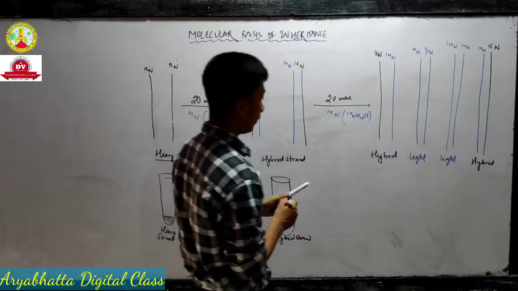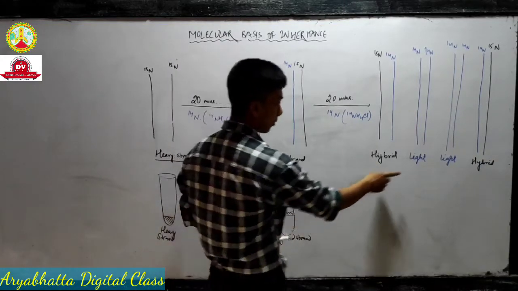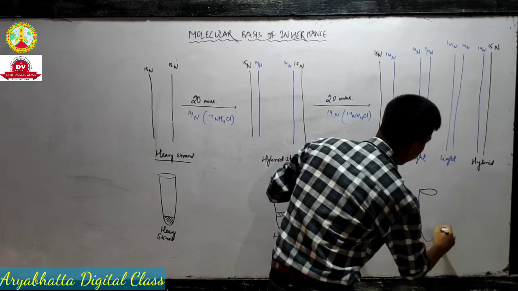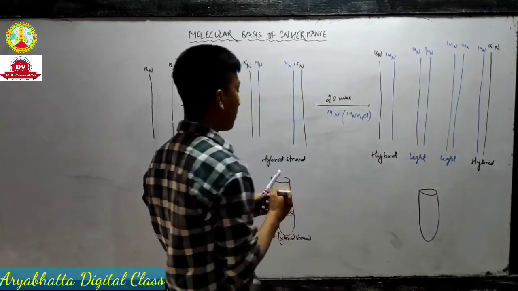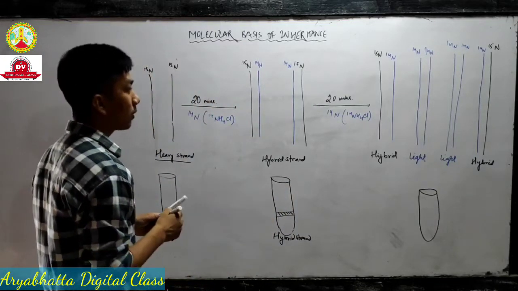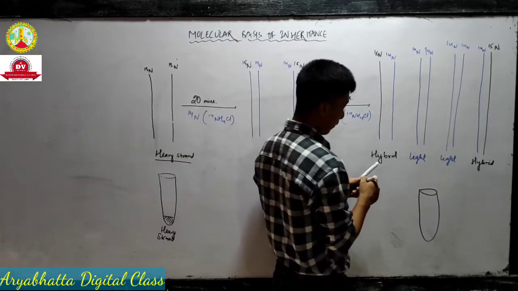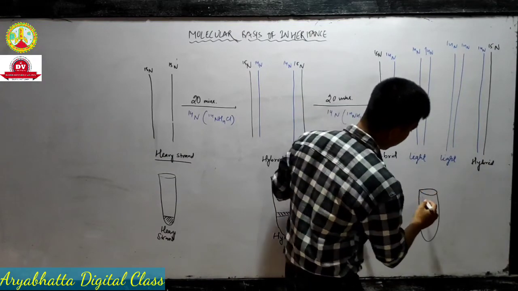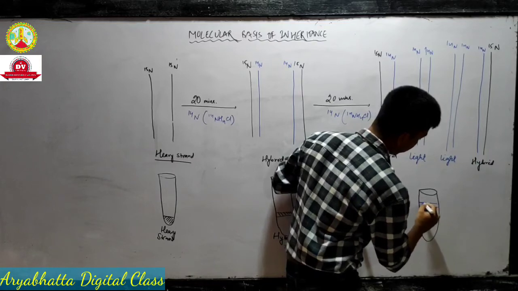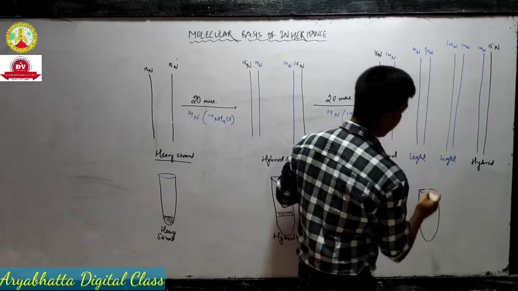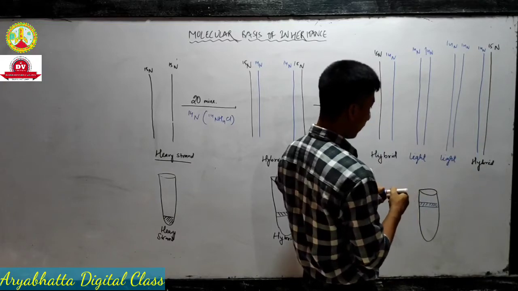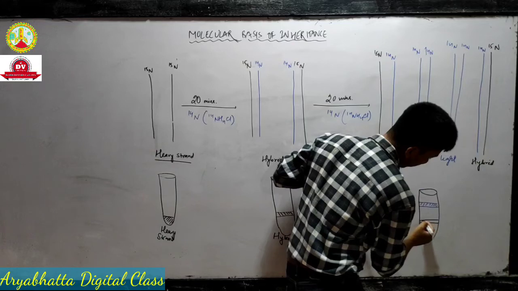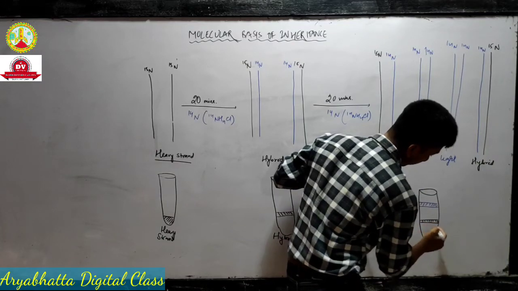Now hybrid we have already seen, so let me show you the light one only. In this case, they have found out that these two strands remain at the top part, and these two strands that are hybrid remain just slightly below the middle region.